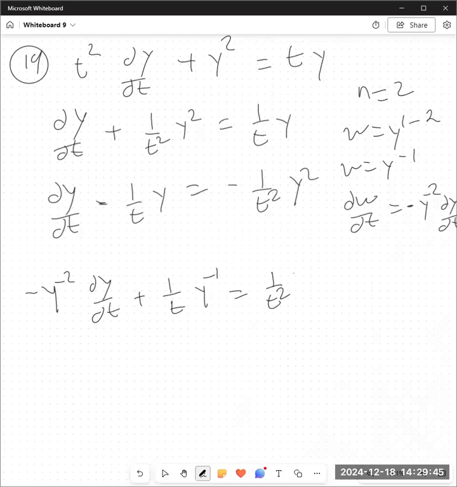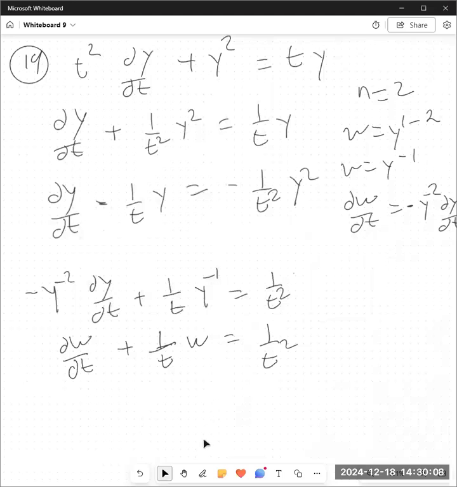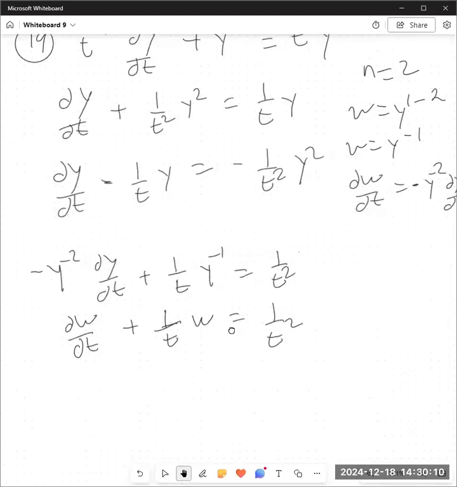And so we have dw/dt plus 1 over t w is equal to 1 over t squared. And so now this is linear in terms of w.